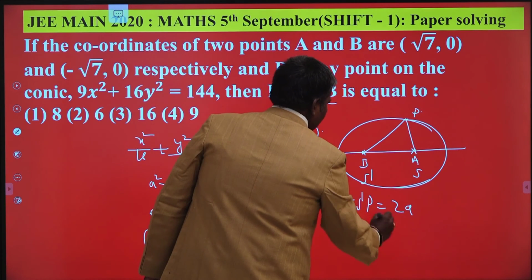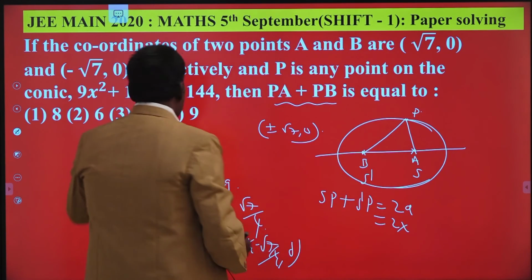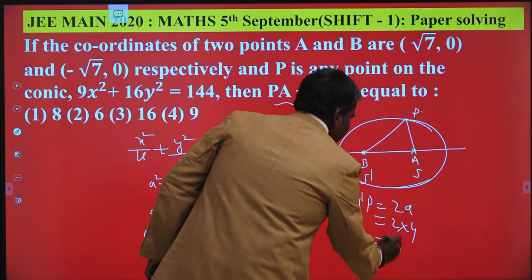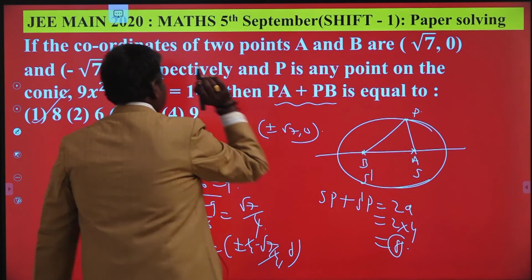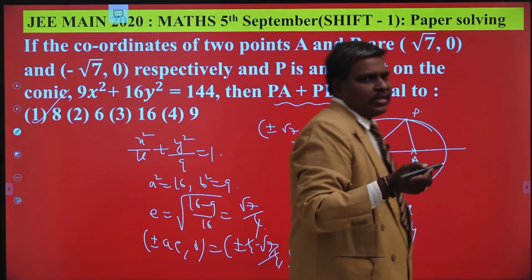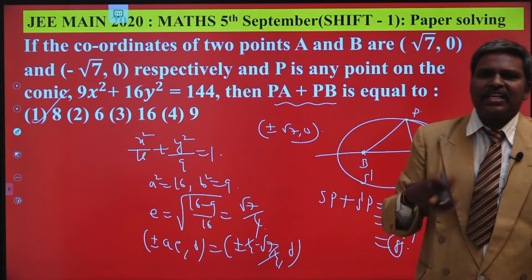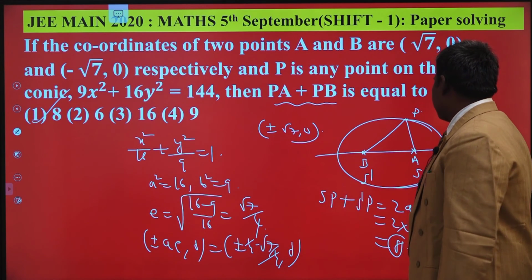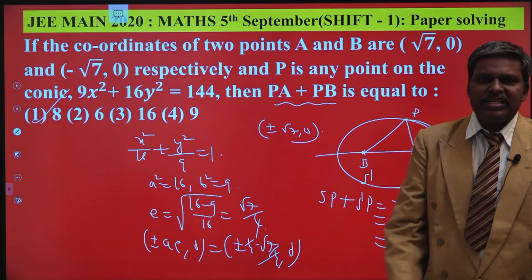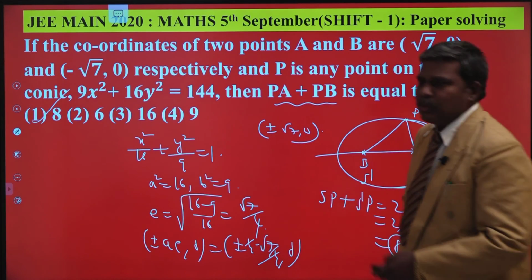That is nothing but 2A. 2 times what is your A? 4. 2 4s are 8. So the value is 8 units. So you can observe that the given 2 points are themselves foci. Once the given 2 points are foci, immediately we obtain that SP plus S dash P is the length of the major axis, that is your 2A.